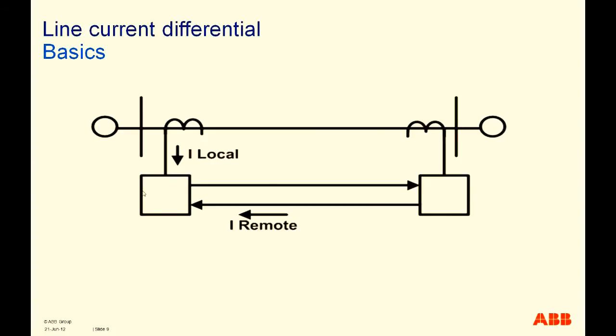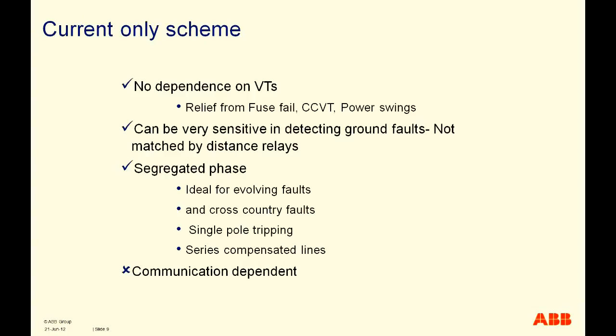There are different topologies and different ways of communication, and we will talk about those also. But the basic idea is that the box takes the information locally, and then it takes the information remotely from the remote end, and then processes the information and compares it with the threshold values to reach a decision of tripping or not.